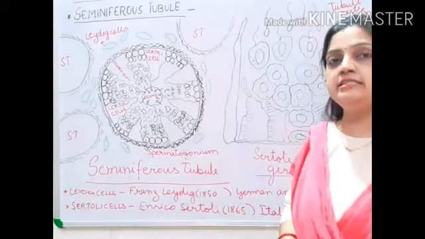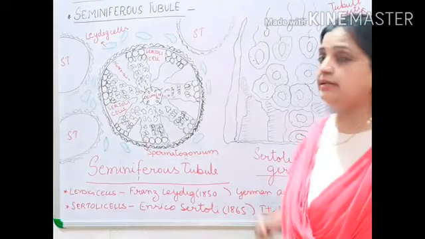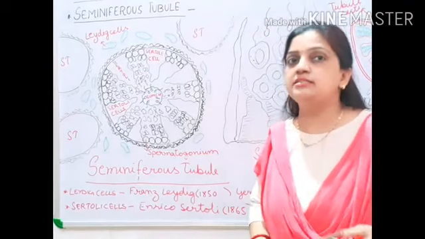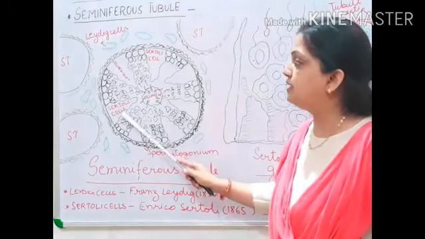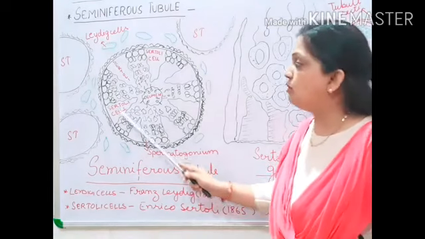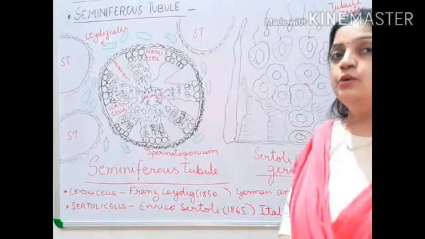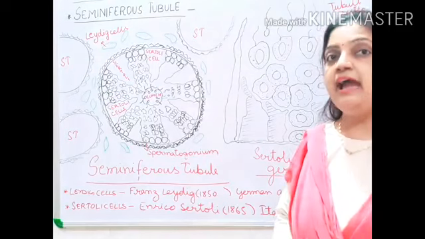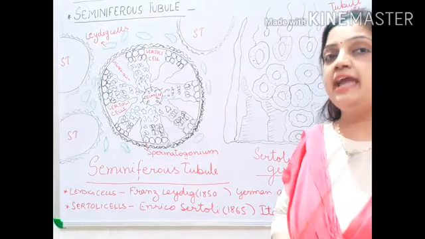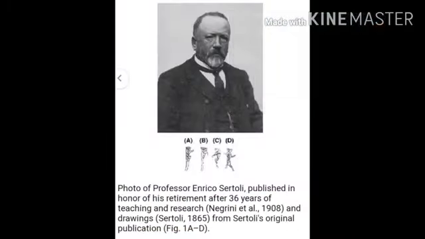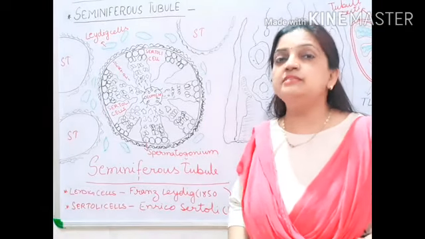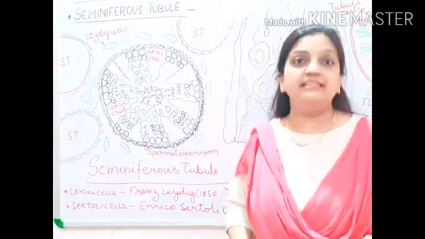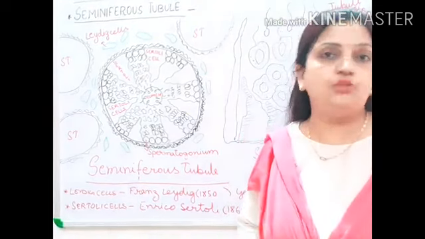Leydig in 1850. Then the second important cell which we are going to study in this topic is your Sertoli cells. These are also very important cells which were discovered by Enrico Sertoli in 1865. Enrico Sertoli was an Italian physiologist.